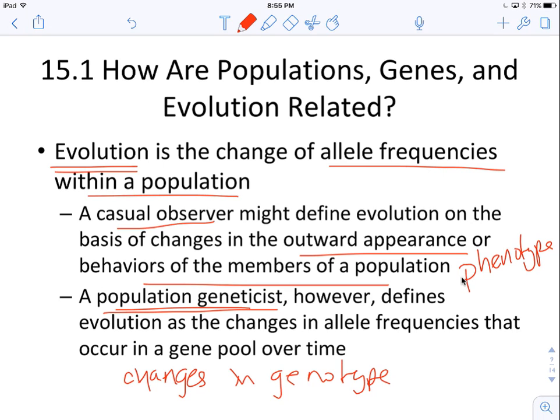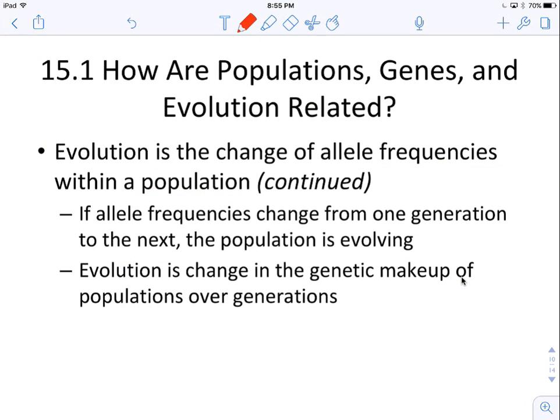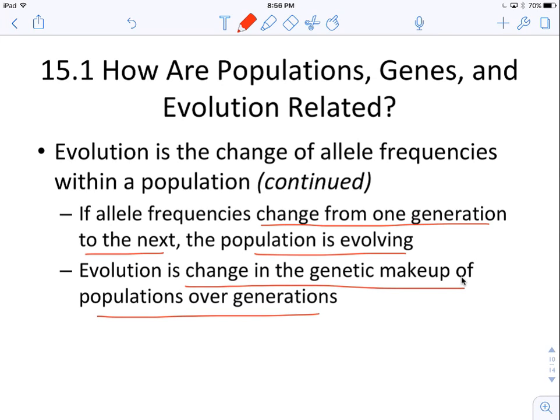So really the underlying change is in the genotype, so in the genetics of the organism. If allele frequencies change from one generation to the next, if they're different, then that means that population is evolving. Evolution is change in the genetic makeup of populations over generations.